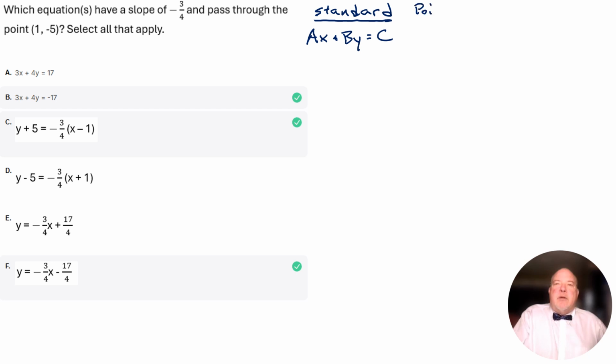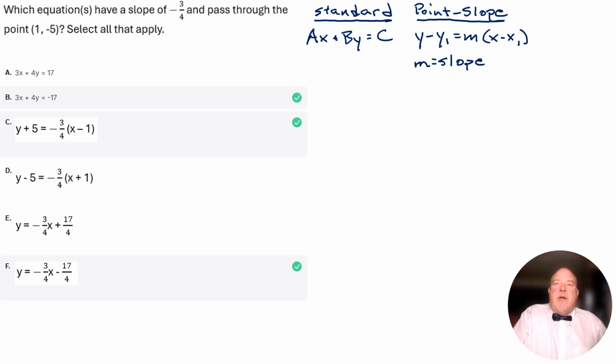Then let's do point slope next. So point slope form, which I said C and D are in, looks like y minus y1 equals m times x minus x1. And in this one, m equals the slope, which is useful.